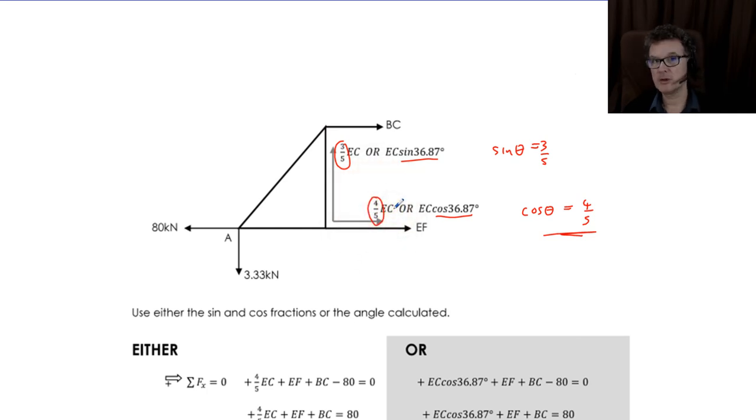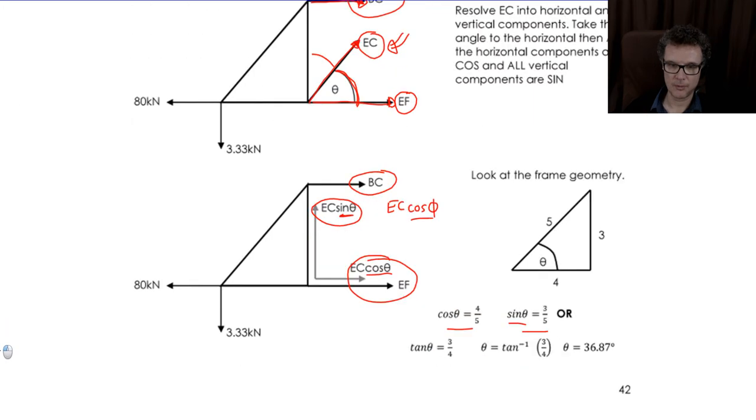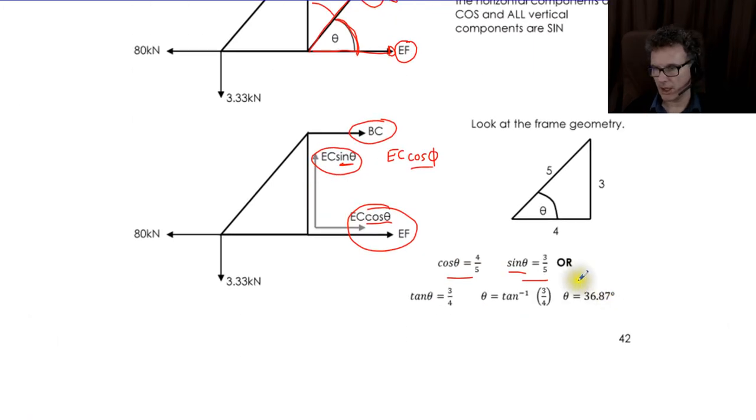If that is conceptually difficult to deal with, then use this approach here, the OR approach, which is that you go back to that page and work out the angle.